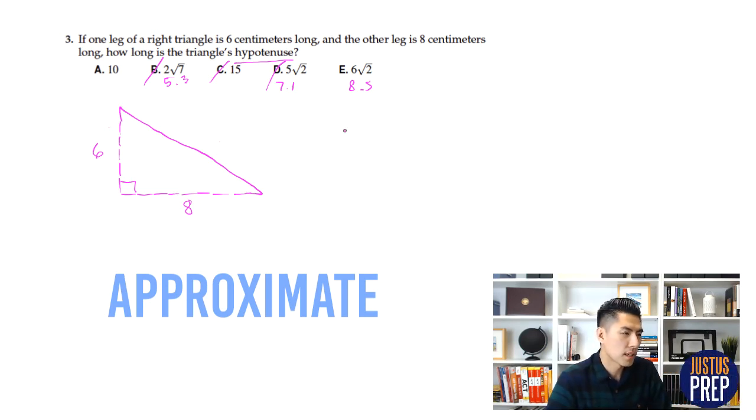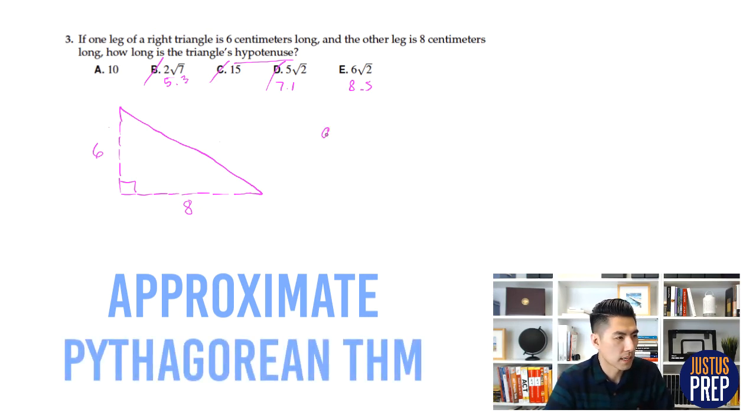What we can do here is use a formula. We can use Pythagorean theorem, which is a squared plus b squared equals c squared. The a and b are the two sides other than the hypotenuse, and c is the hypotenuse. So here this would be 6 squared plus 8 squared equals c squared.